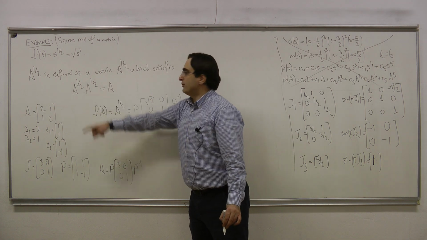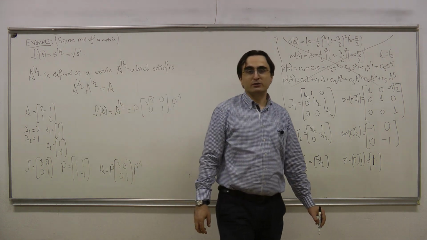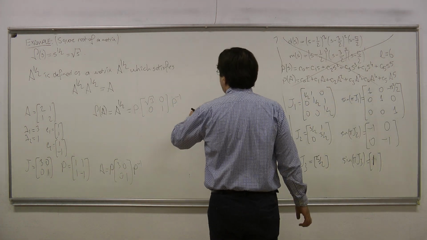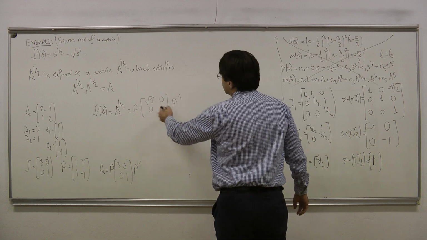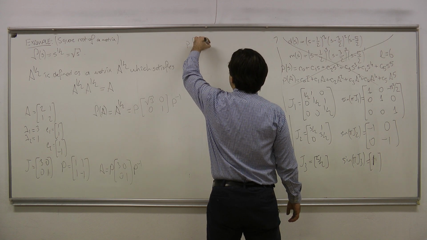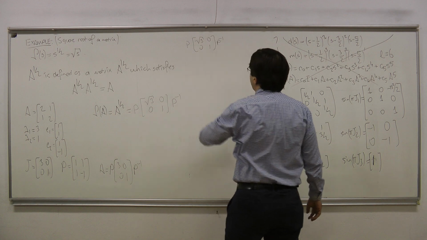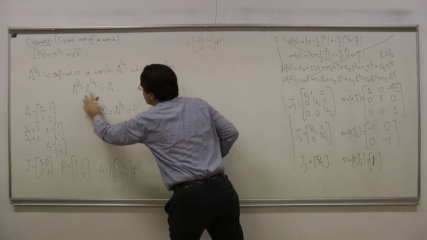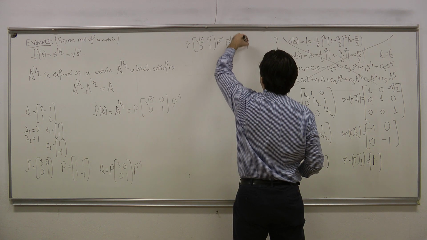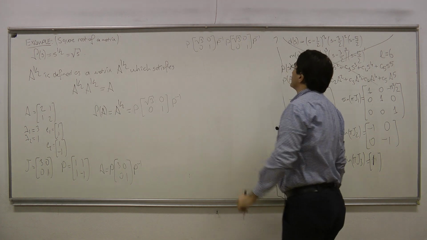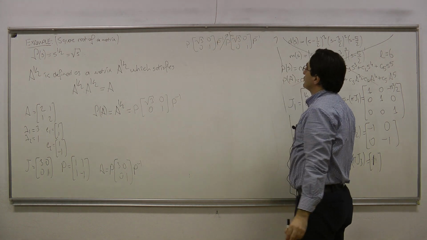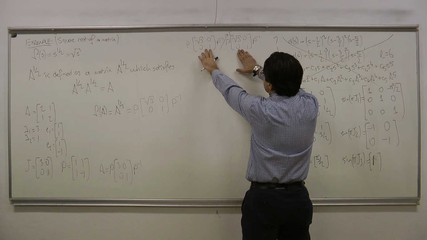Does this satisfy this equation? What about the second definition? Do you think it satisfies the second definition? Let me try to check. I take this matrix and multiply it with itself: P times diag(square root 3, 1) times P inverse, times P times diag(square root 3, 1) times P inverse. I know that P inverse times P gives the identity matrix, so I will just multiply these two diagonal matrices.